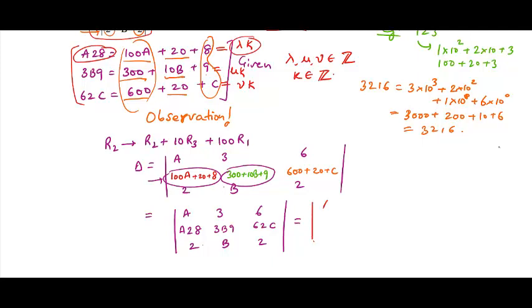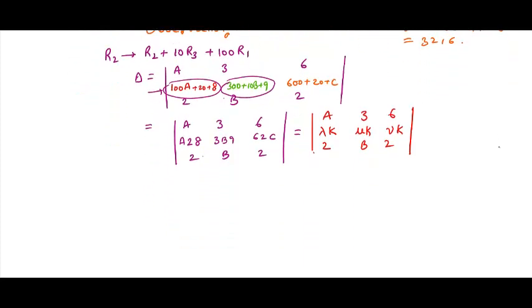So now I get A36, lambda times K, and then you have mu times K, 3B9 is mu times K, and then you have nu times K, the remaining elements being same in the third row, 2B2. And from here we get K common, A36 lambda mu nu 2B2.